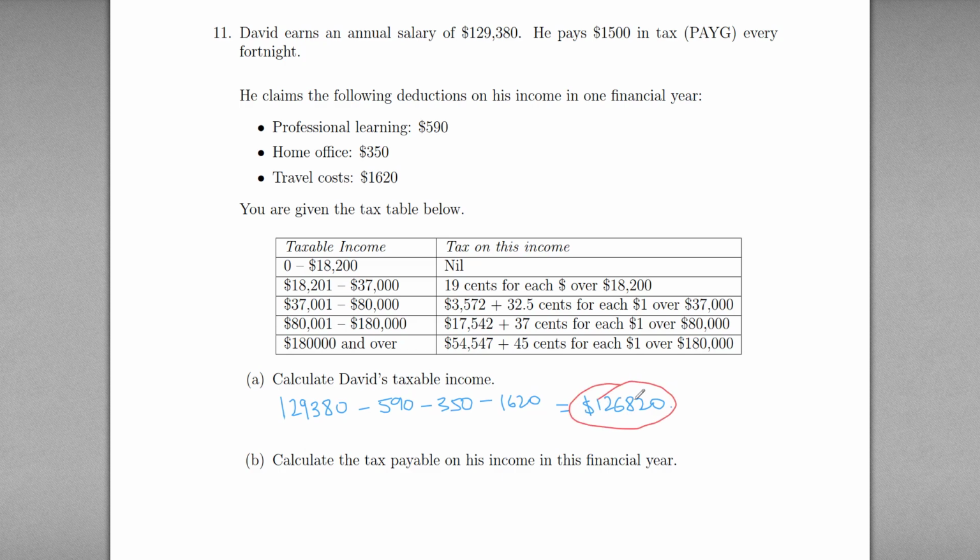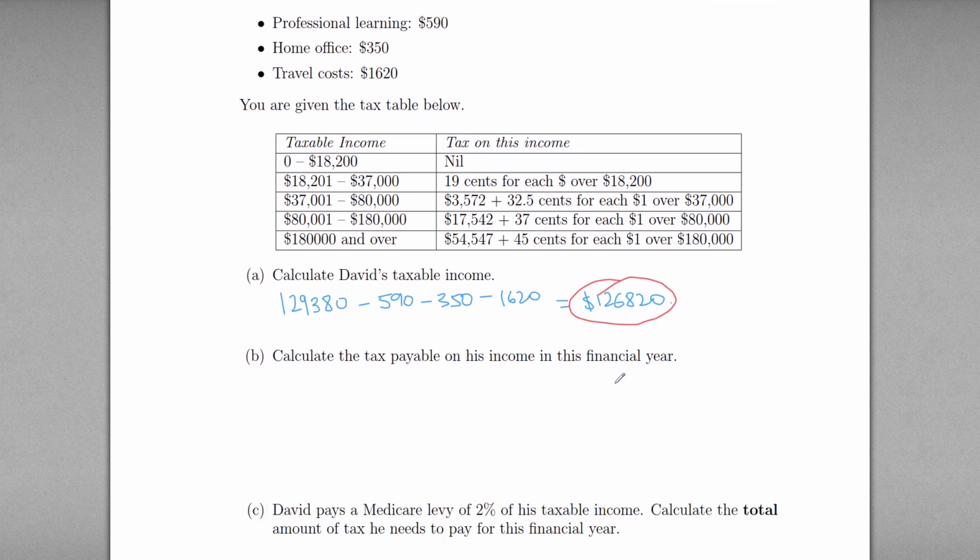Okay, that's my answer. Alright, calculate tax payable. So we've got to see which bracket we fit in first. 126,820 I think is in that range there. Which means the tax will be 17,542, and then plus 37 cents for each dollar over 80,000. So like we did at the multiple choice section, how much over $80,000 are we?